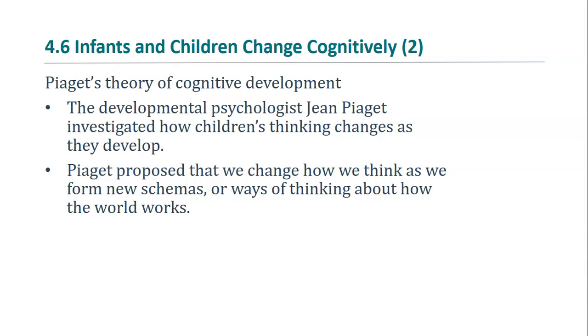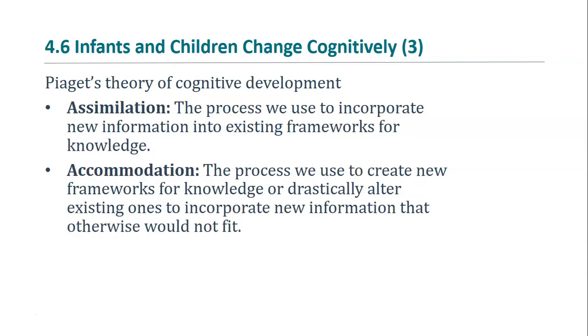One of Piaget's most important contributions was the development of the idea of schemas, which are ways that we organize and interpret the world. Schemas change over time through the processes of assimilation and accommodation.